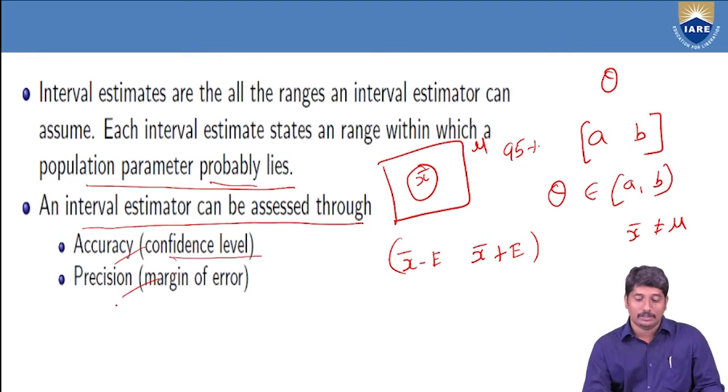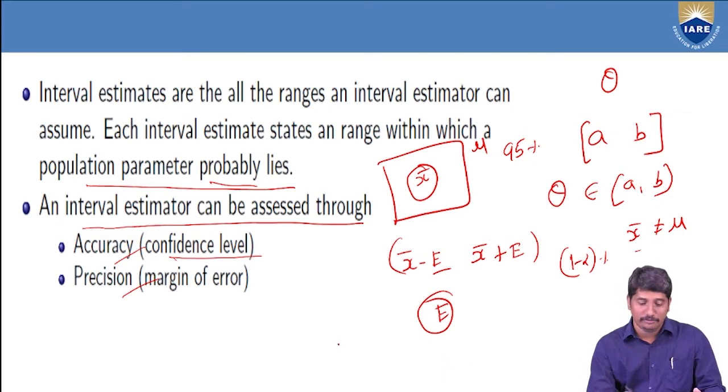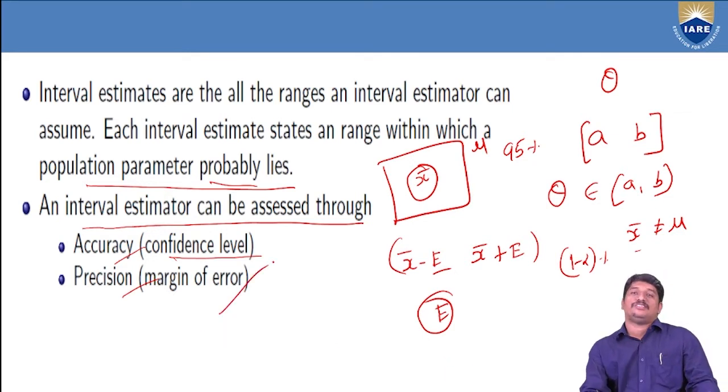And precision means if we are able to reduce this E, that is the error between x bar and mu, the possible error at 1 minus alpha probability, that is called the maximum error. If we are able to restrict this E as much as possible, then we can say that we are more precise.